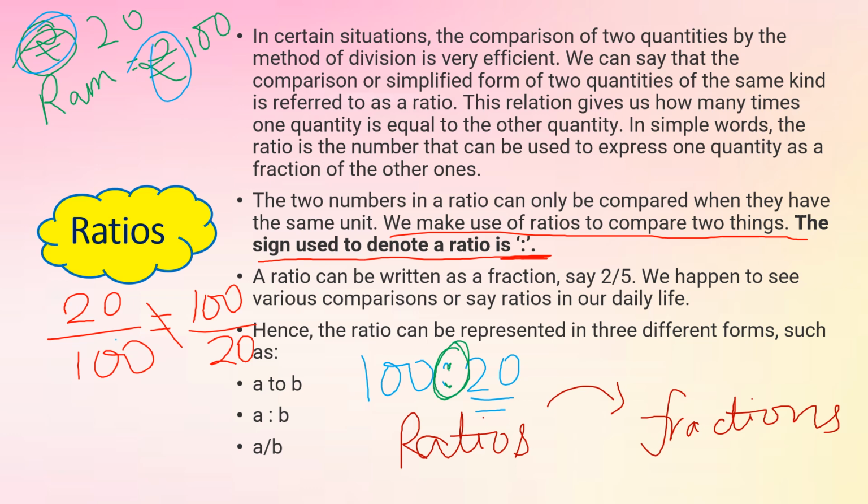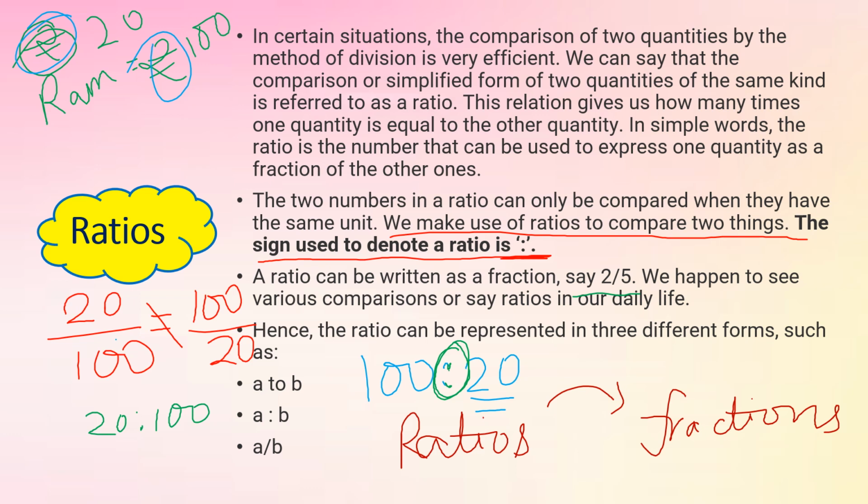So we will say rupees 100 to rupees 20. If 20 is in front, then we'll read it as rupees 20 to rupees 100. Next, a ratio can be written as a fraction, say 2 by 5, as I have already explained to you.